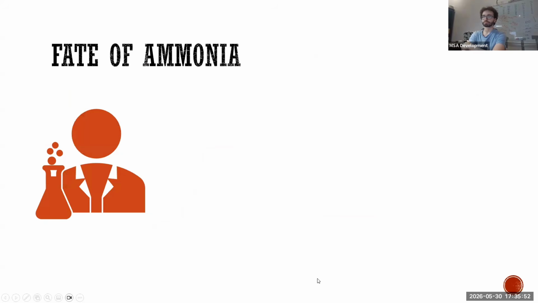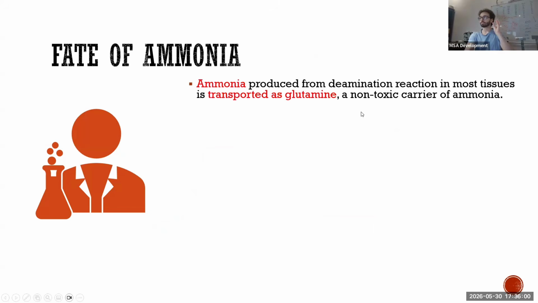Good to know. Fate of ammonia, very important. Didn't we say glutamate dehydrogenase to ammonia? Ammonia, its fate is going into the urea cycle. But how can ammonia go to the place where the urea cycle happens? It has to be transported by something. It is transported as glutamine. Why? Because it is a non-toxic carrier of ammonia. Ammonia is toxic, but when it's transported as glutamine, it becomes non-toxic.